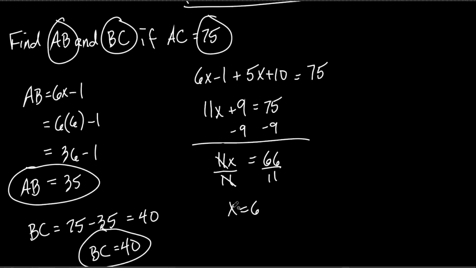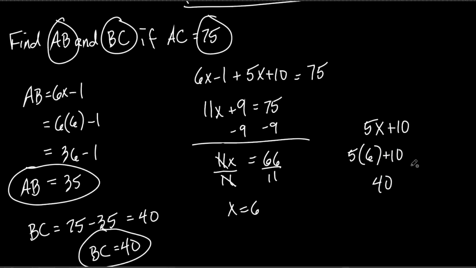Or you could have just plugged it back into what BC was equal to. Do you remember what BC was equal to? Wasn't it 5x plus 10? So let's take that x, that's 6, plug it in. Let's see if we get the same thing. 5 times 6 plus 10. Yeah, it's 40. So we get the same exact thing either way you do it.